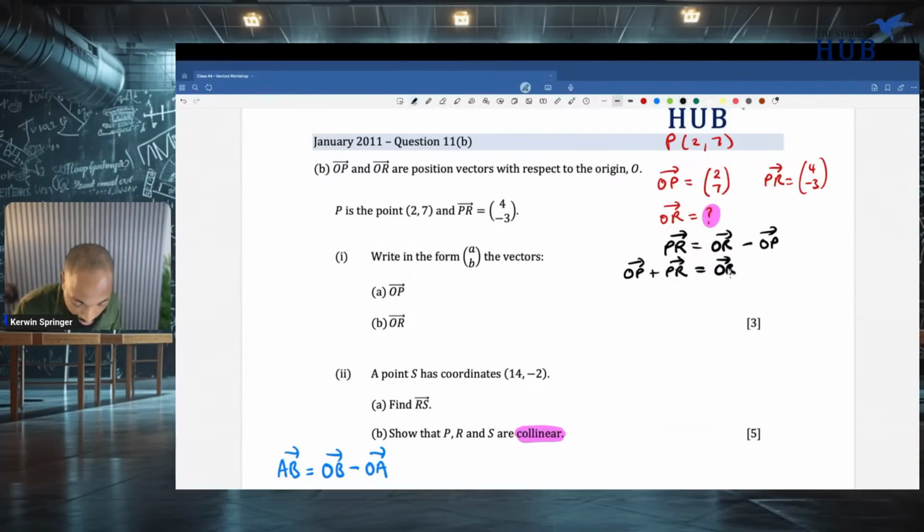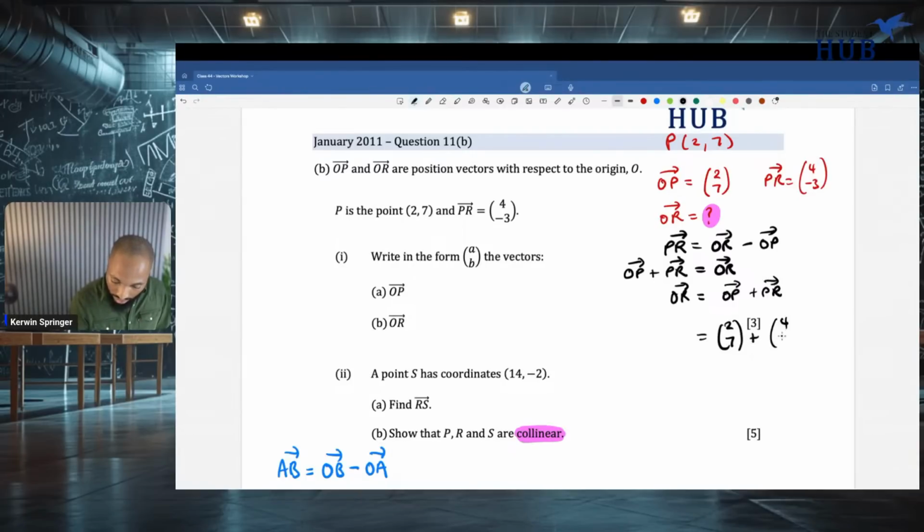O to R would be the same as go from O to P, then resume back on the P and go to R. Some people understand this, they may be able to start with just this. So therefore, OR is equal to OP plus PR, which we already know. OP is 2, 7 plus PR is 4, -3. This turns out to be 2 plus 4 is 6, 7 minus 3 is 4. 6, 4 is the answer.